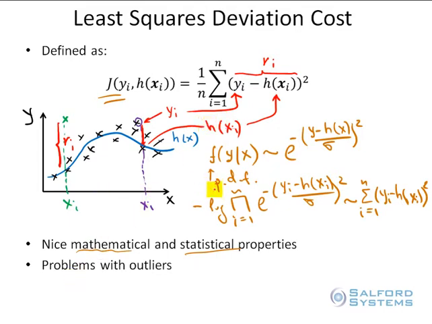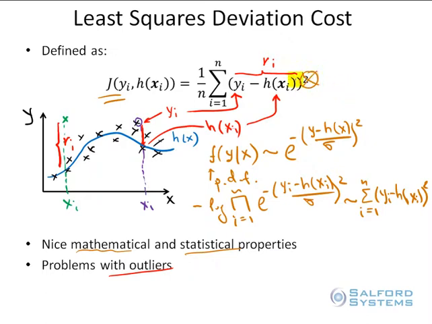So least squares cost is nice. It has all of the good properties, but it has a problem with outliers. Now, one way to alleviate this problem is to focus our attention on this power factor here and simply remove it.